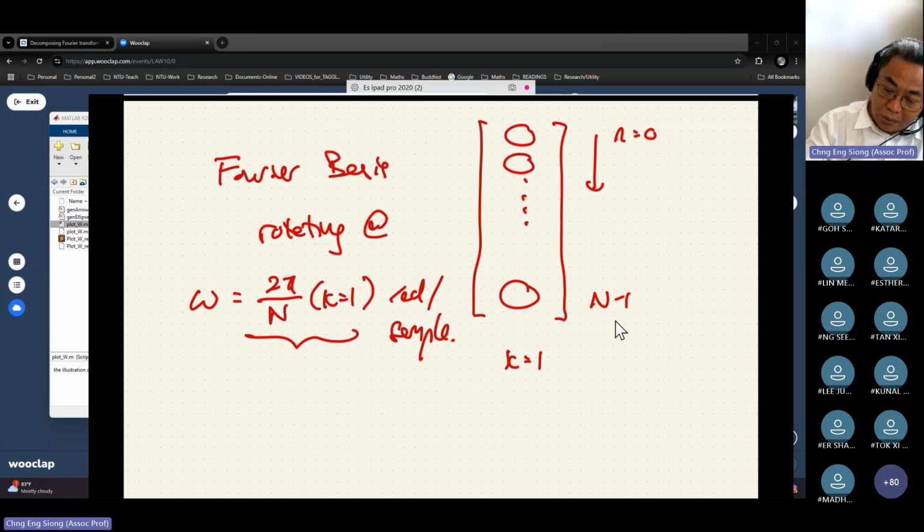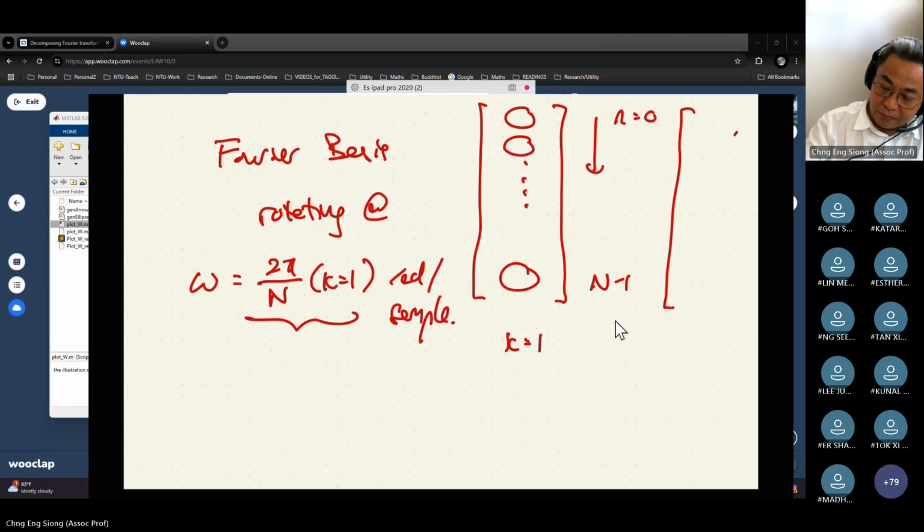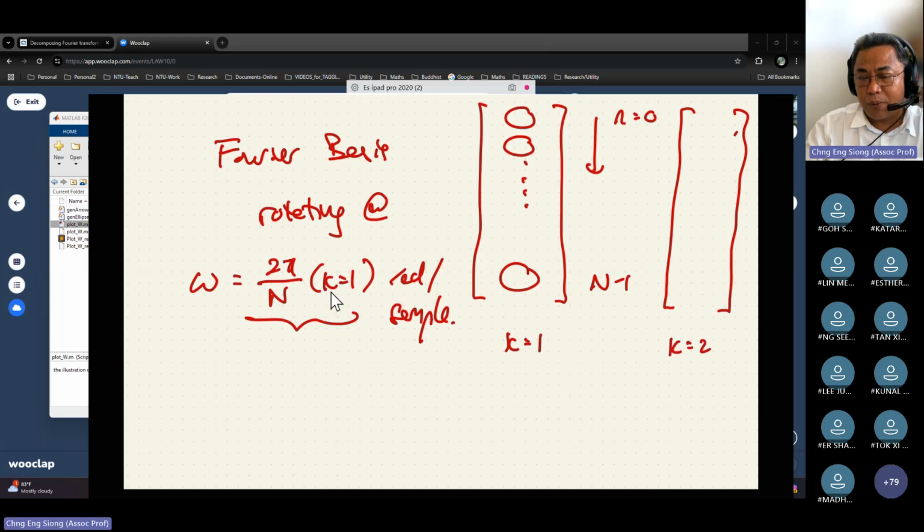Then when k equals to 2, what happens? He's changing: 2 pi over N times 2. Second harmonic. He's rotating 2 times faster than the first guy. K equals to 3, 3 times faster than the first guy. So we are talking about harmonics. So Fourier introduced the basis. The basis are complex exponentials of different harmonics. That's it.